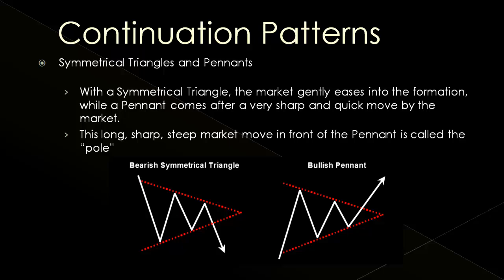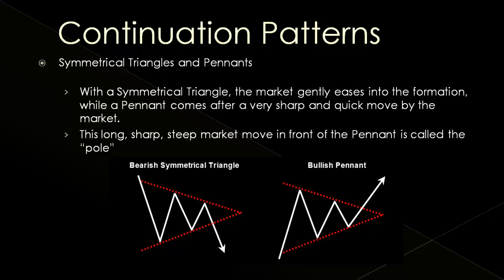So as you can see, the peaks and valleys are starting to become narrower. And once again, because this is a continuation pattern, there is a 70% chance that price will continue in the original direction of the trend. So in this case, it's a bullish pennant. Price is more than likely to continue in an upward direction. These patterns occur quite frequently on charts, so you can expect to see them quite a bit.